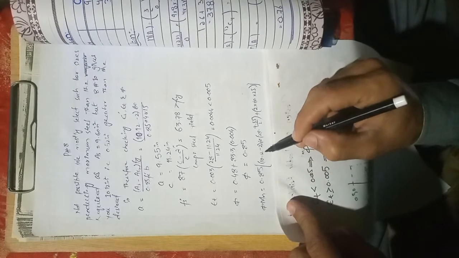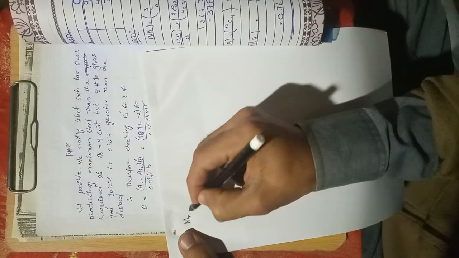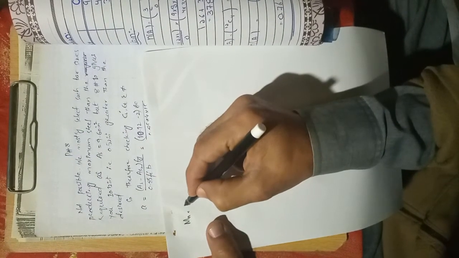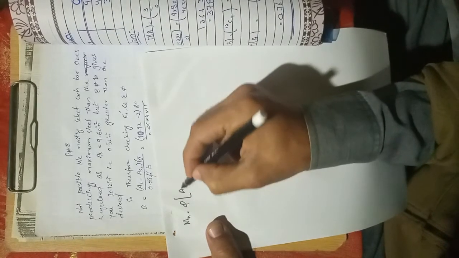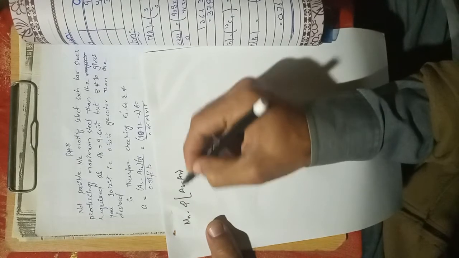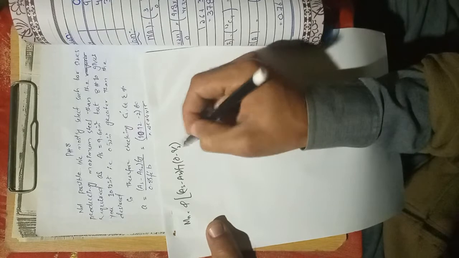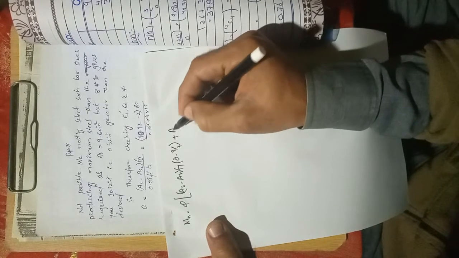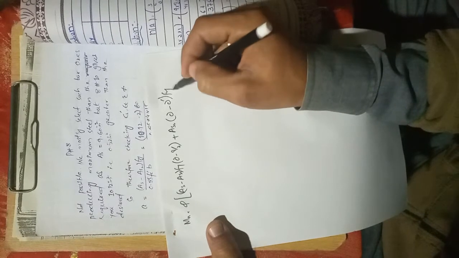So the basic equation, which you see here, is Mn equals phi times (As minus As2) into fy into (d minus a over 2), plus As2 into (d minus d prime) into fy.